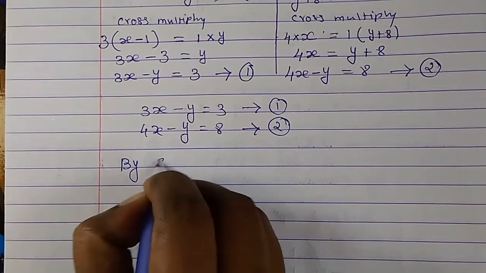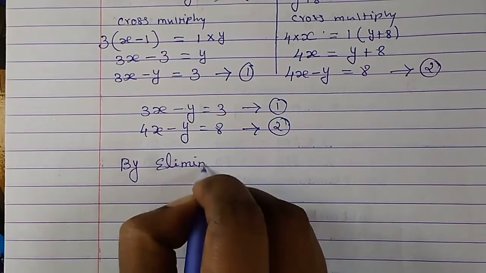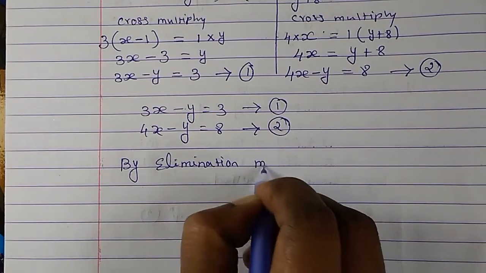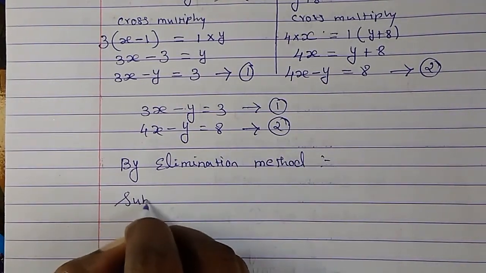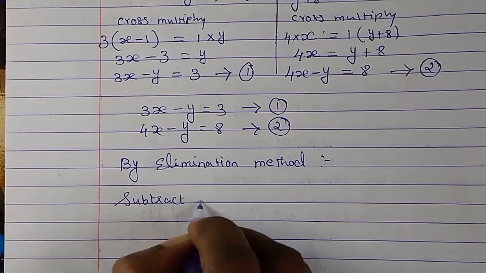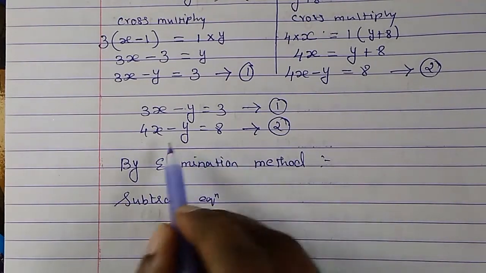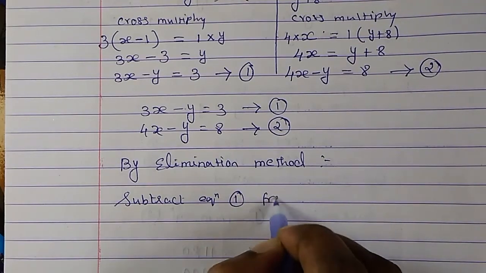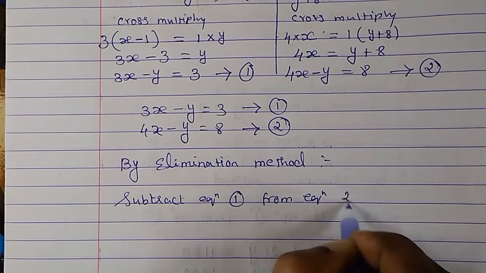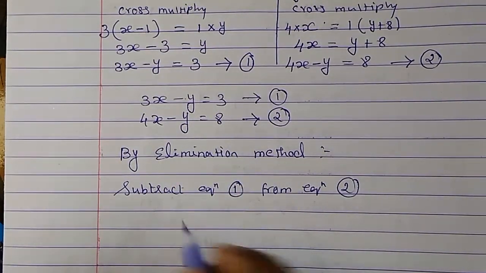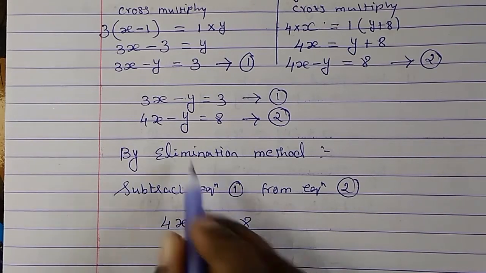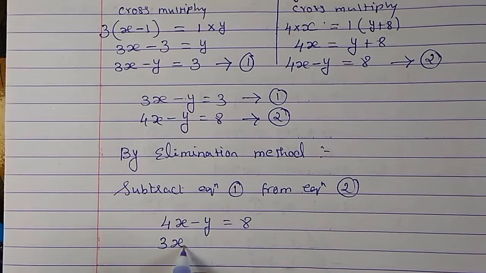By elimination method, we'll subtract equation 1 from equation 2. We'll write equation 2 first because that is the bigger one: 4x minus y equal to 8, and then 3x minus y equal to 3.